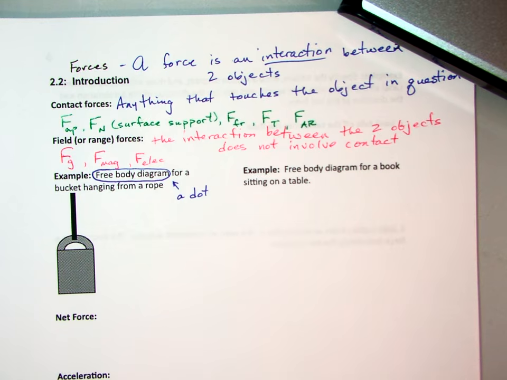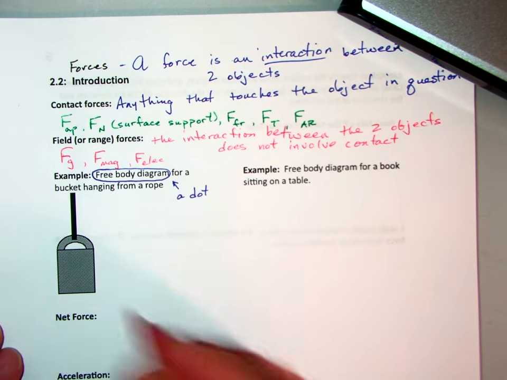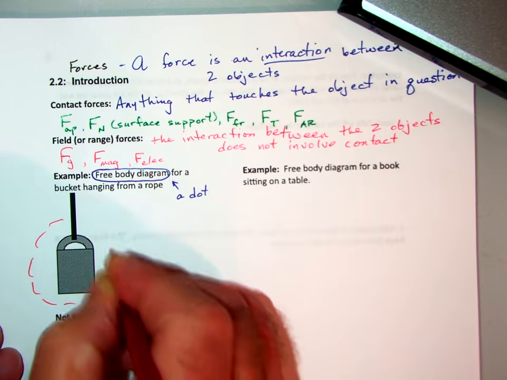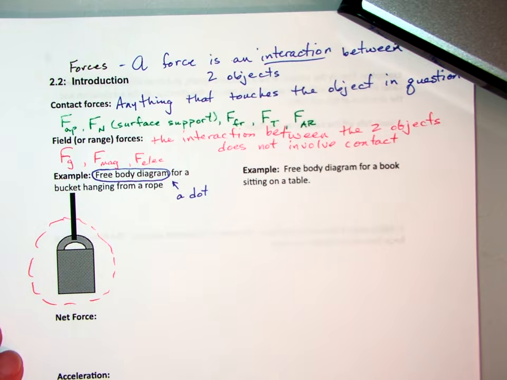So in this first example here, we're asked for a free body diagram for a bucket hanging from a rope. Now, the first thing that we will do is we will draw the system. We'll sketch the situation, and then identify the system and circle it.